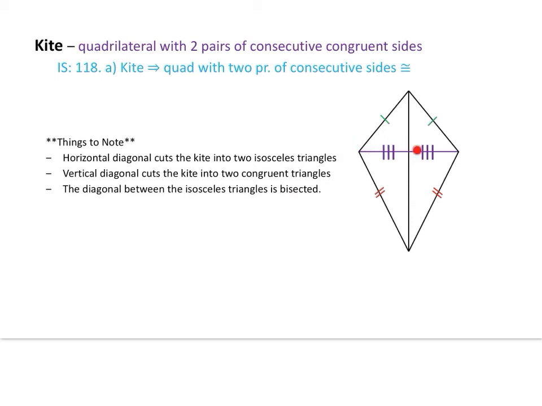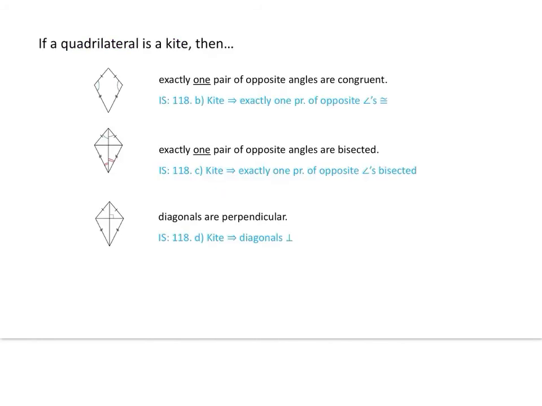So here we have the horizontal cuts the kite into 2 isosceles triangles, and the vertical cuts the kite into 2 congruent triangles. The diagonal between the isosceles triangles is bisected. That's here. Alright, and then we have if a quadrilateral is a kite, then exactly 1 pair of opposite angles are congruent, as shown here.